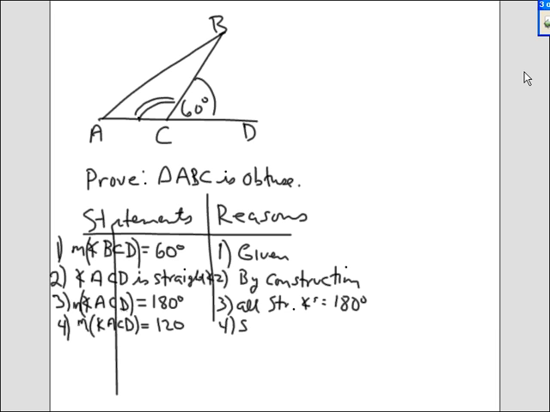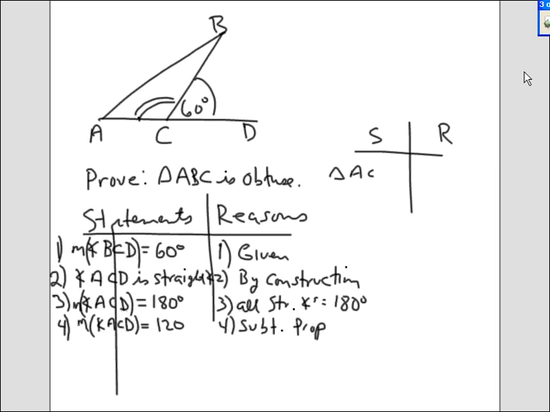And that's from the subtraction property. From 180, I took away 60. I ran out of room, so statements and reasons, and here we're done.